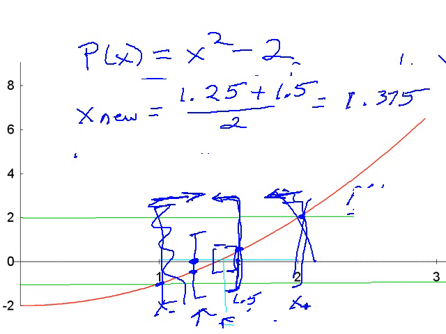I don't know where that is, so I put that into the equation, and you find out that it's negative. So that means your 1.375, which is right here, has to do with this point. So you see we're kind of closing in on the root, and that's the bisector method.